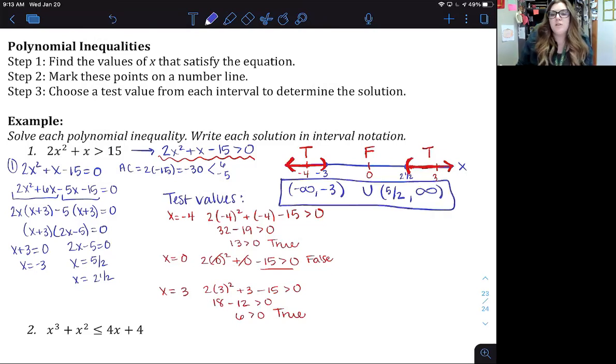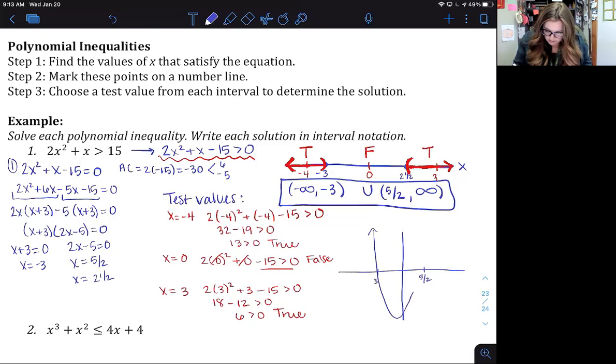Okay. If you were to sketch this graph, so we have negative 3 and we have 5 halves. We have this quadratic. We know it's opening up. So I'm just going to sketch this. This is not going to be very accurate, but it looks something like this. This is our positive side of our graph, and this is our negative.